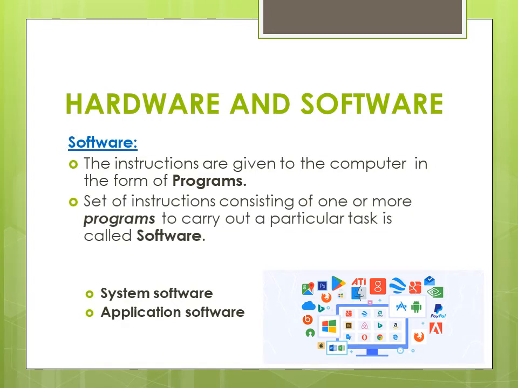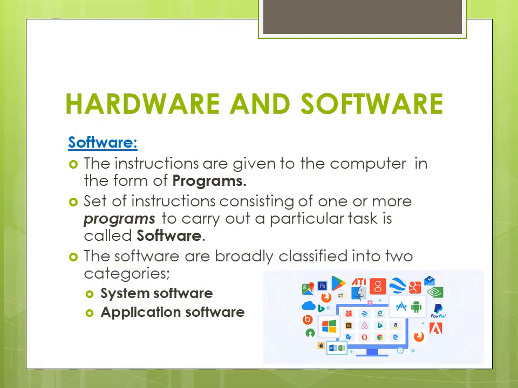A set of instructions consisting of one or more programs to carry out a particular task is called software. The short groups of instructions given to the computer are programs, and collectively these programs combined into one CD or one platform are known as software.